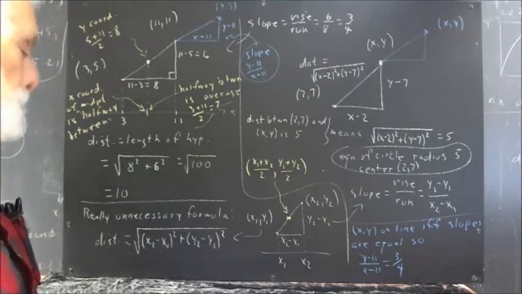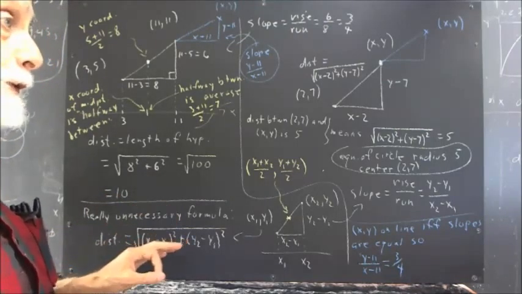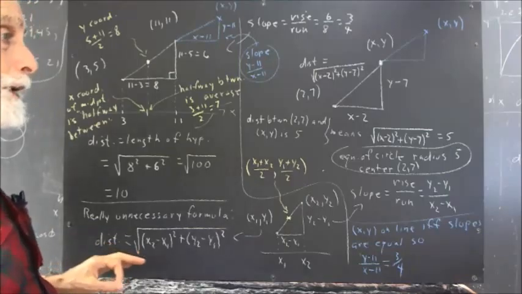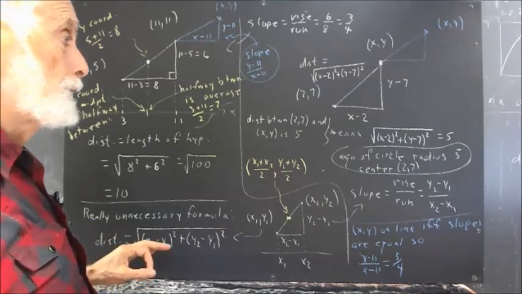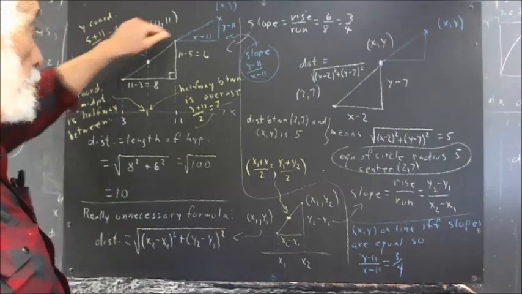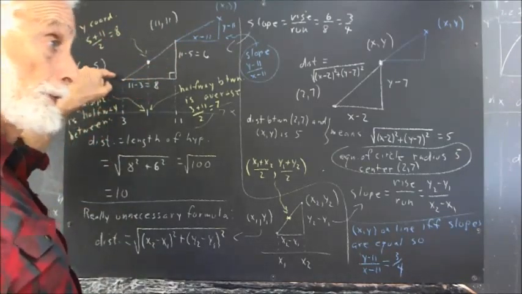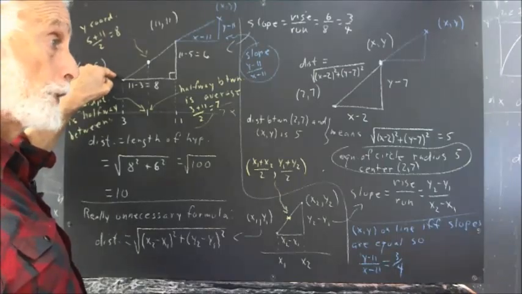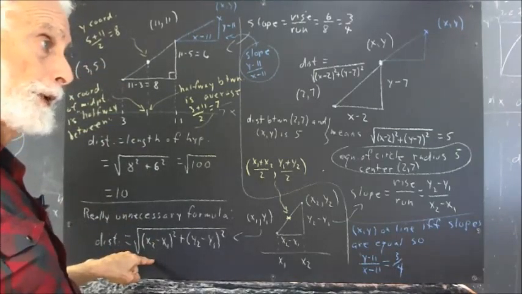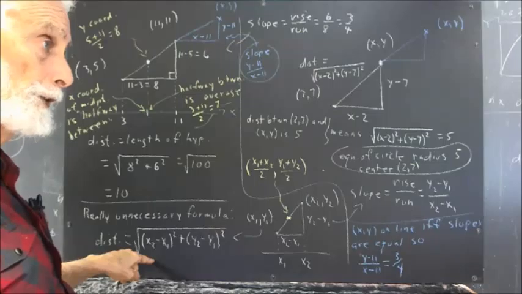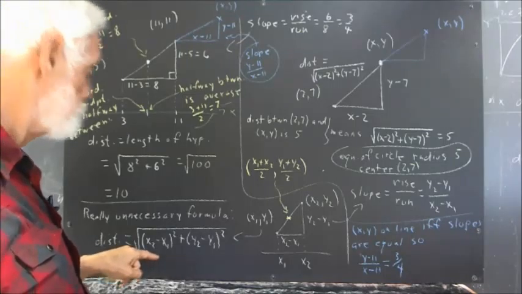Okay? Now, in an SOL-driven curriculum, I find that almost nobody comes out of high school knowing how to think in terms of this picture. Being able to think in terms of this picture is far, far, far more important than being able to memorize and apply this formula without understanding where any of it comes from.